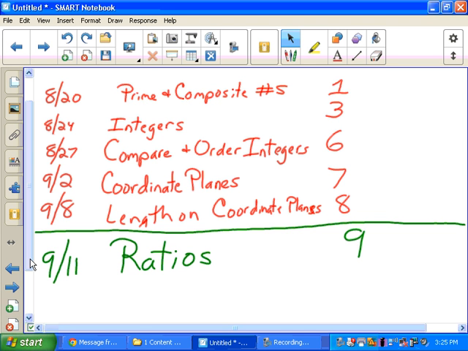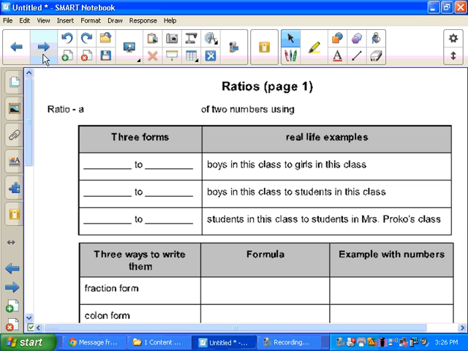Now that they are glued in, let's go ahead and talk about ratios. Ratio is a new word in 6th grade math, but it may not be a new word to you. If you have ever bought a computer screen or a television, you may have looked at what's called the aspect ratio on your screen. And what that is, it's a comparison of the length of the screen and the width of the screen.